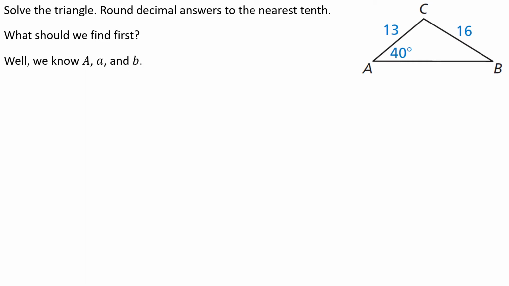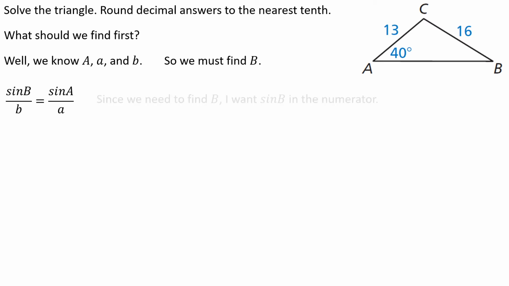Well, we know angle A, we know side A, we know side B. So I guess we have to find angle B. I can use sine of B compares to B the same way sine of A compares to A. Why did I put sine of B in the numerator? Because I'm trying to find angle B. Whatever I'm looking for, I want that in the numerator.